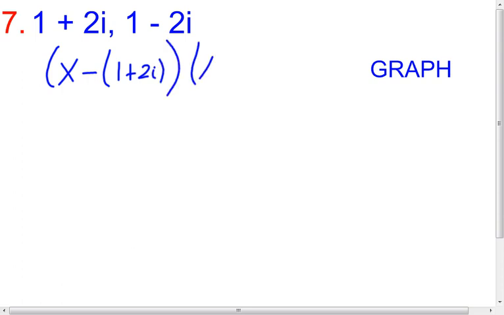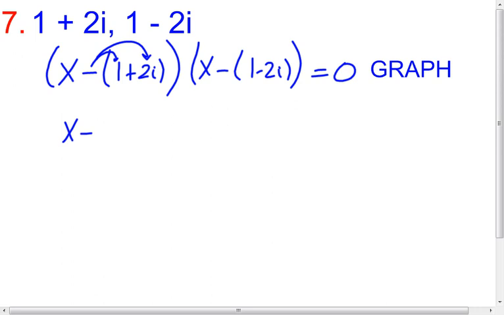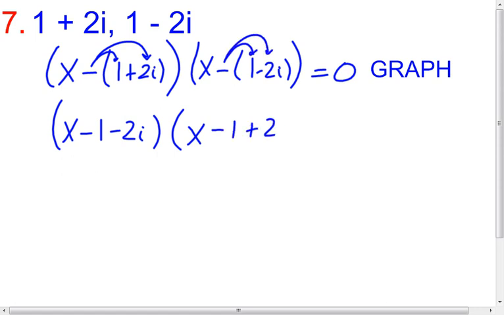And then you have to go x minus the quantity 1 minus 2i. Okay, now what happens is that negative needs to get distributed through here. And so you'll have x minus 1 minus 2i. And x, and then if I distribute this one, minus 1 plus 2i.